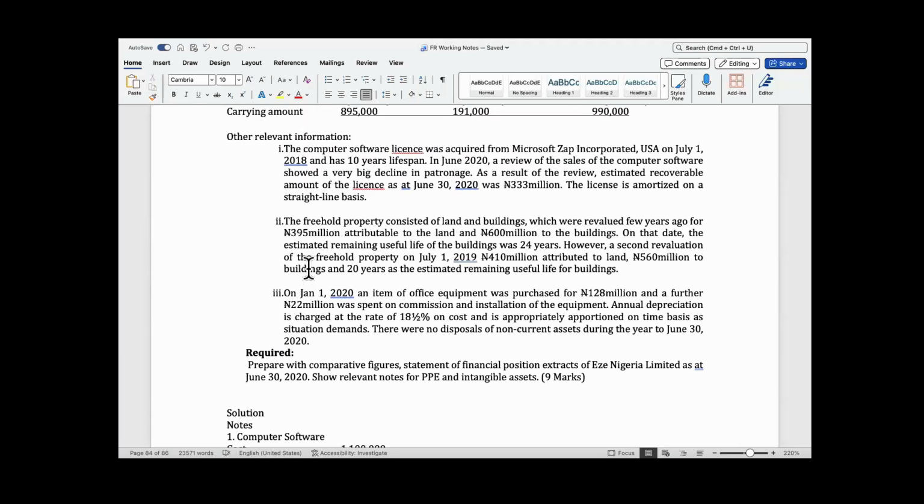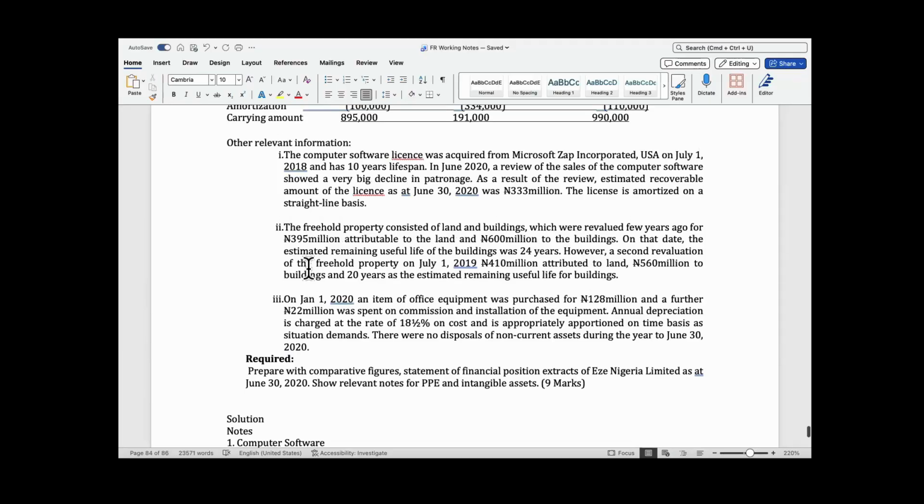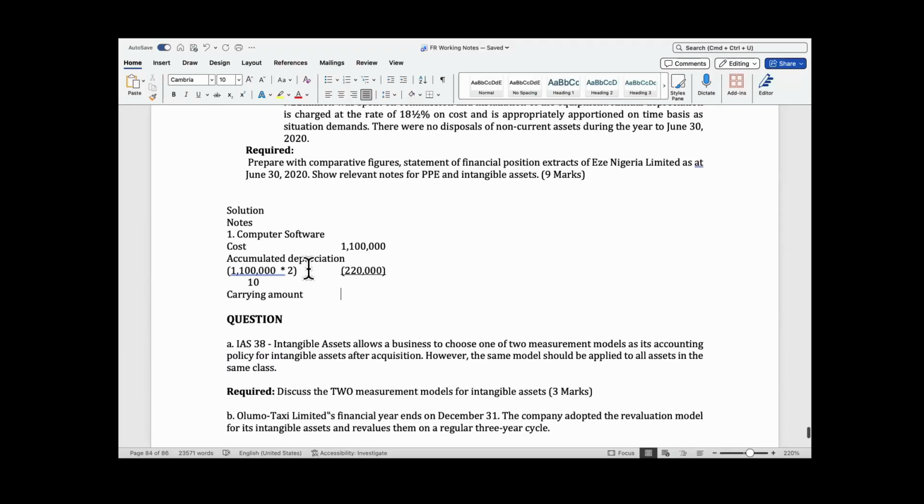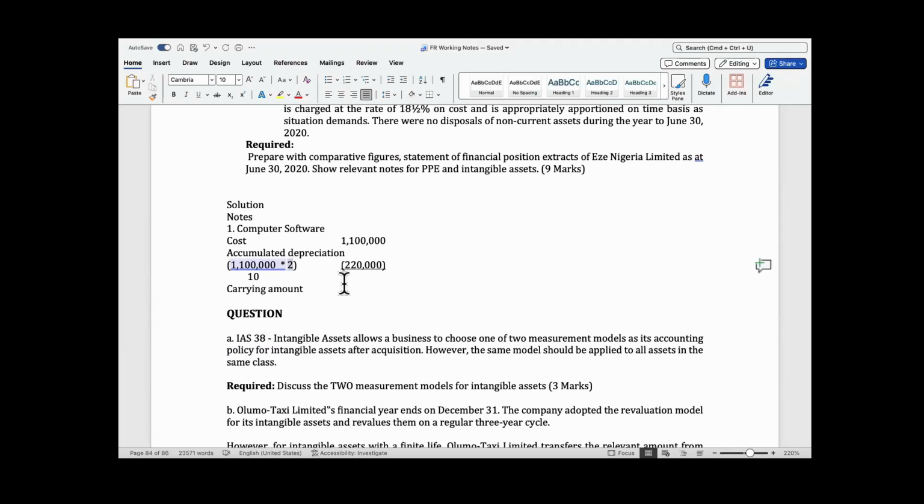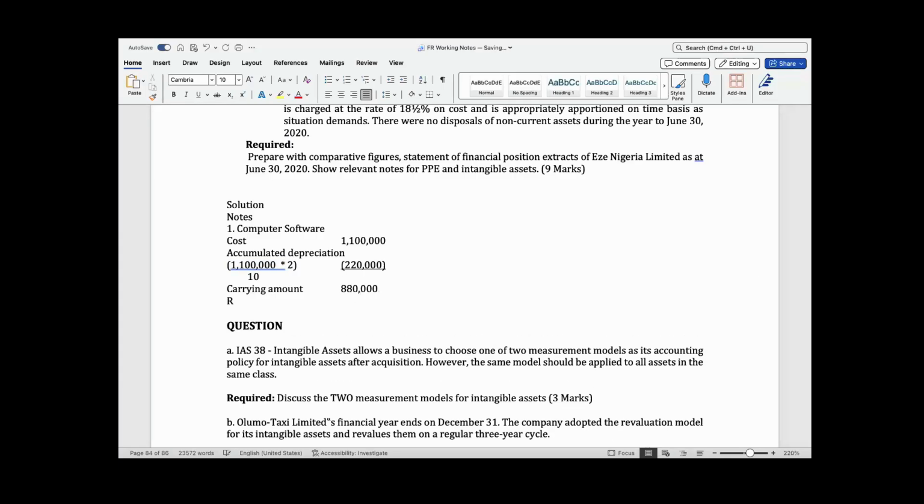Year two will end in 2020, June. So it's 3 years. The carrying amount is 880, sir. 880,000. And what's the recoverable amount given? 333. So just leave it like that in your notes.